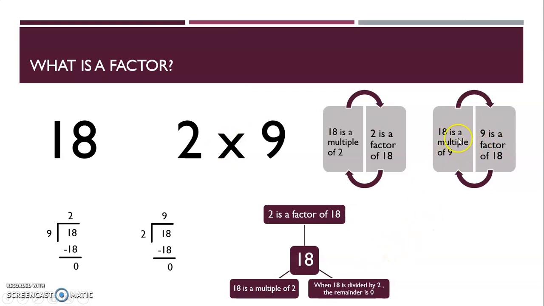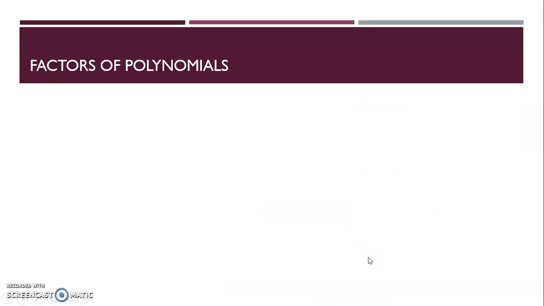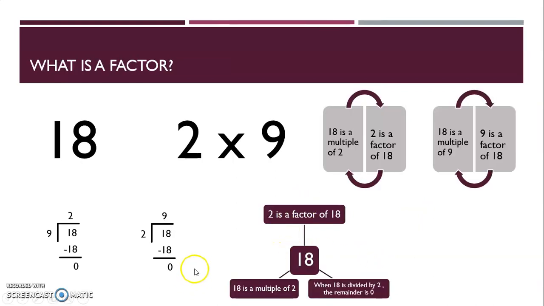And also, since 18 is a multiple of 9, when 18 is divided by 9, we get a remainder of 0. So if a number is a factor of 18, we also mean 18 is a multiple of that number, and when we divide 18 by that number, the remainder is 0. This is what we mean by a factor.